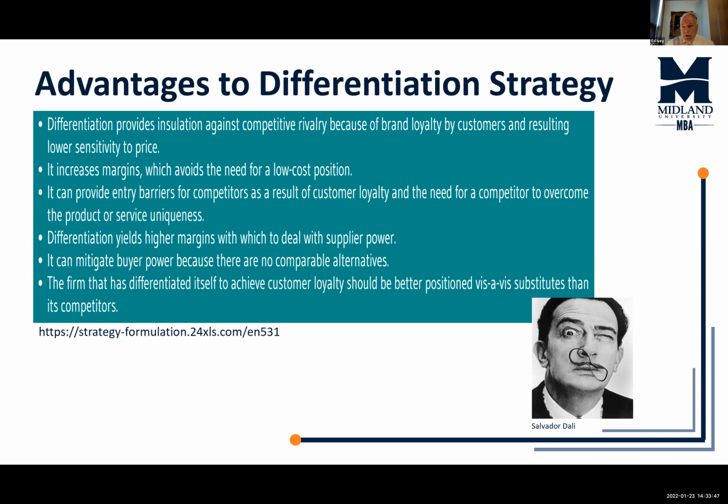So again, it reduces the power of buyers, it reduces the power of suppliers, it reduces that threat of substitutes and that threat of new entry. And so all of that together, the rivalry of the competitors, that brand loyalty and differentiation can help to make your firm appear to be like a monopoly.